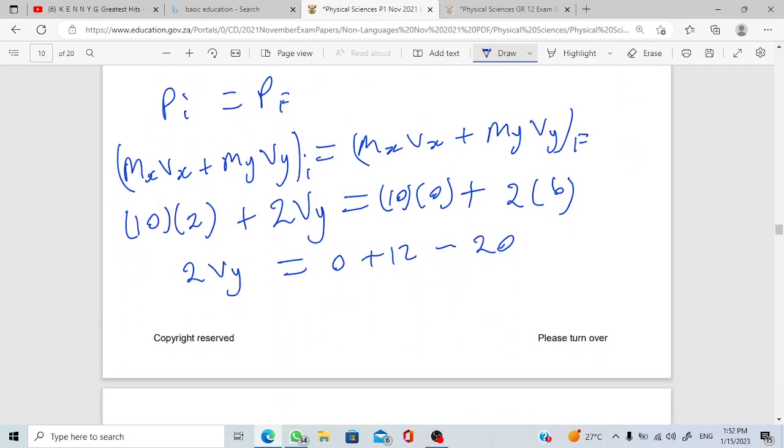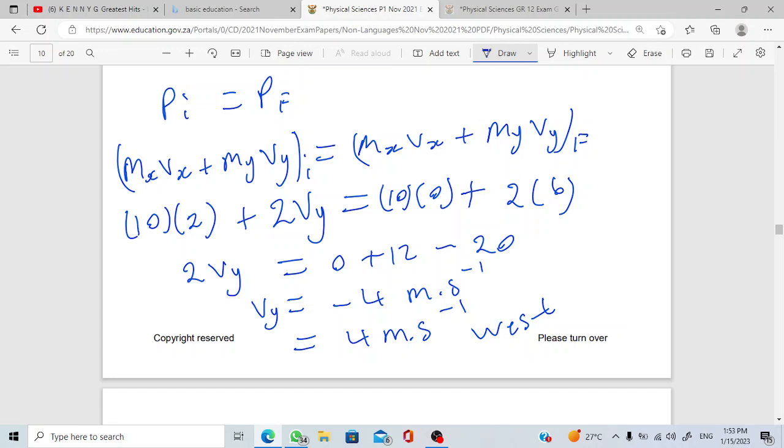Now you realize that this will be 12 minus 20, which is -8. So negative 8 divided by 2, you find that Vy is equal to minus 4 meters per second. If you want to get rid of this negative, then your value will be 4 meters per second west. Okay, so this is the answer for that question.